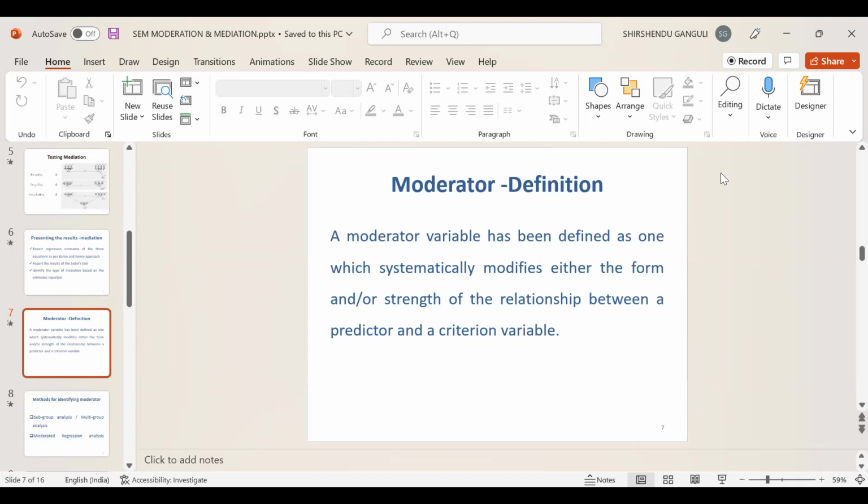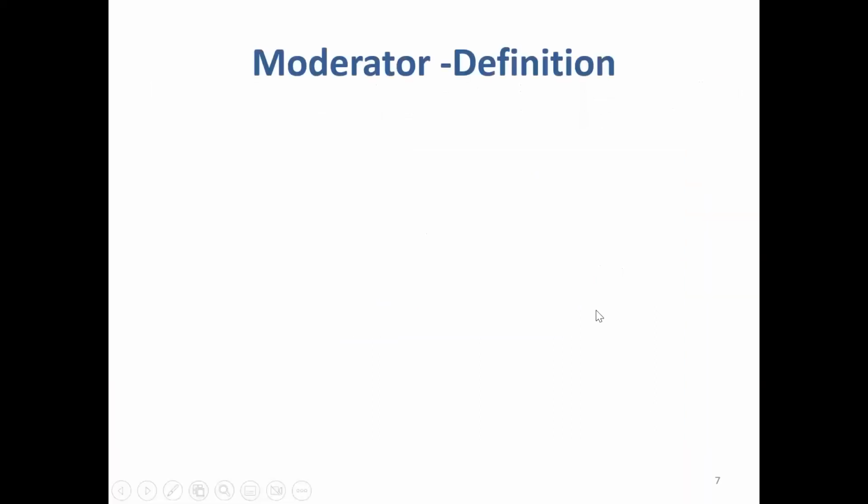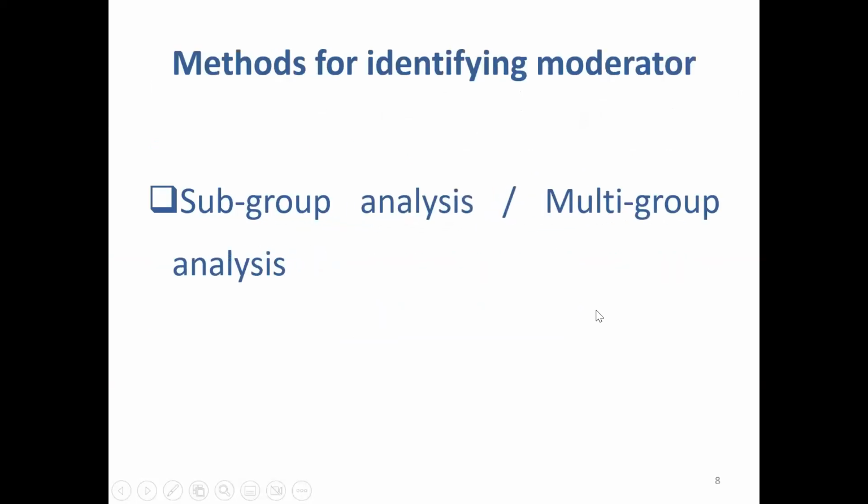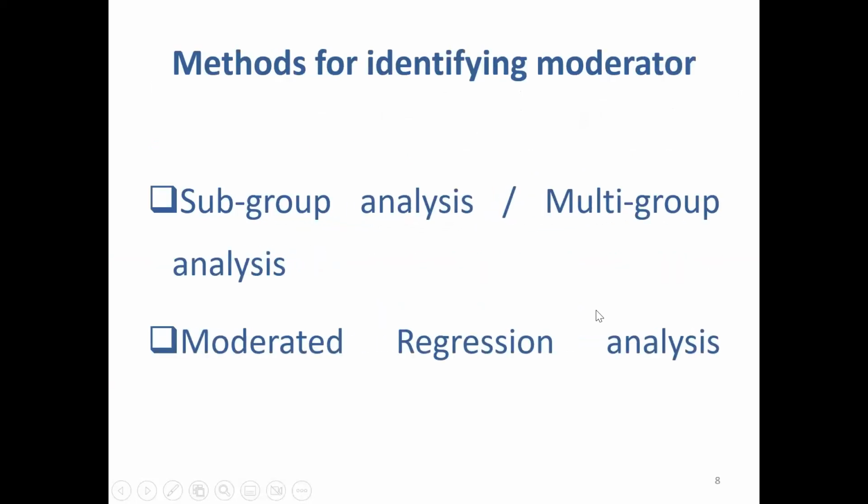But that creates some problems, and that's why there is a second method of doing moderation, which is through SEM, using subgroup or multi-group analysis in SEM instead of doing it through regression.